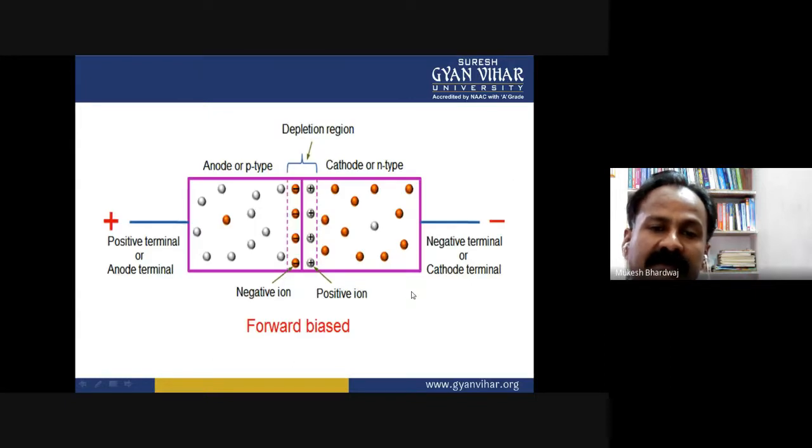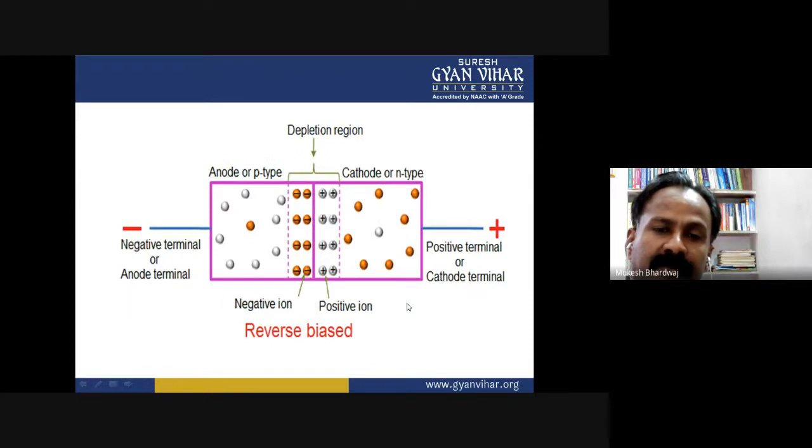This is the pictorial representation of a diode in forward bias, and this is the pictorial representation of a diode in reverse bias. By the analysis, you see that the depletion width increases in reverse bias. We have understood the working already, and how it takes place while applying the external potential.